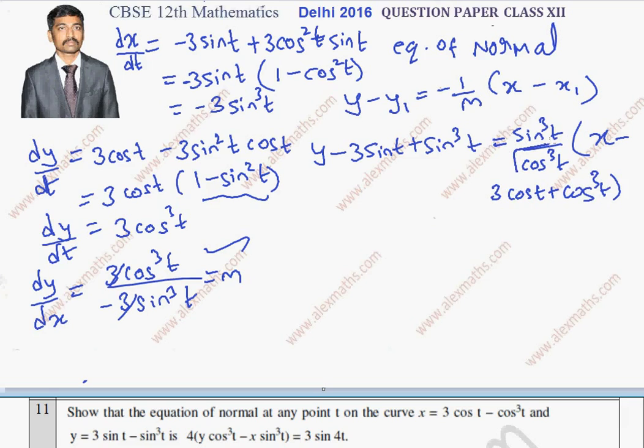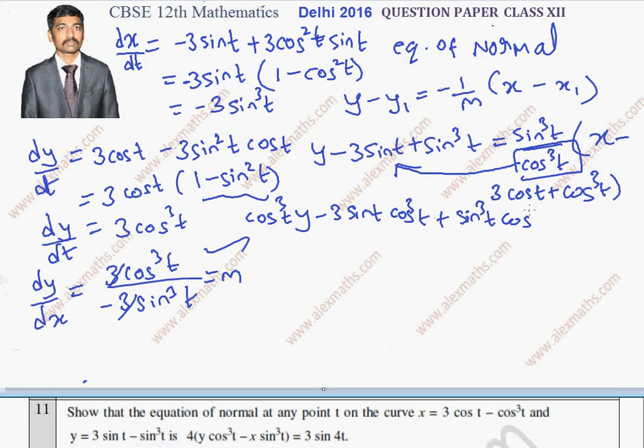Now this cos cube t I have to multiply with this entire term. So it is going to be cos cube t into y minus 3 sin t into cos cube t plus sin cube t into cos cube t, equal to this sin cube t I have to multiply with all the terms.